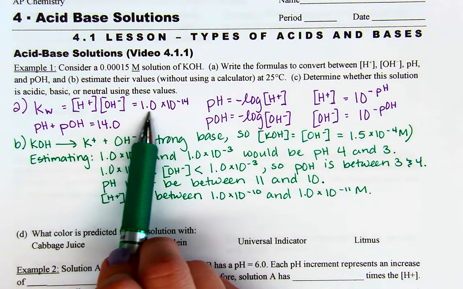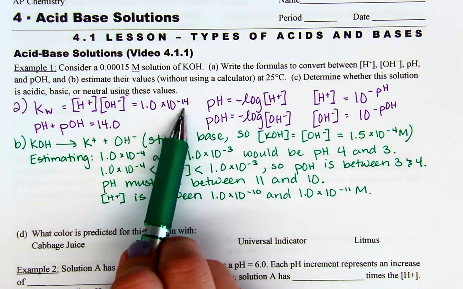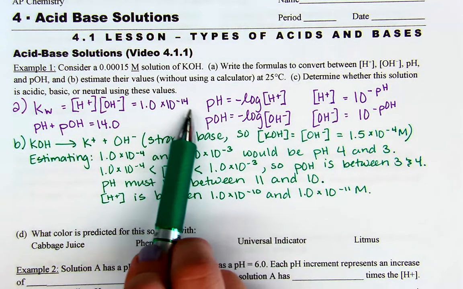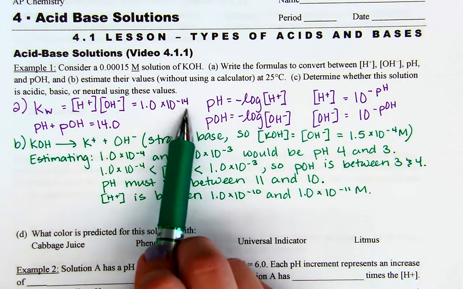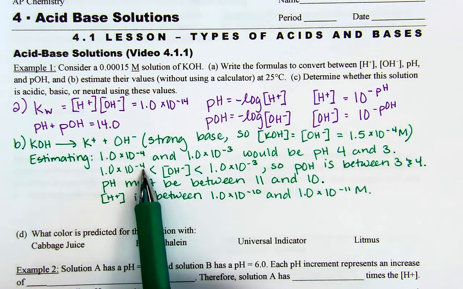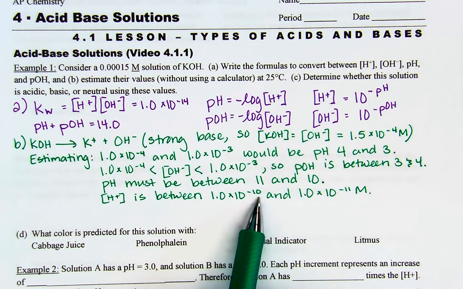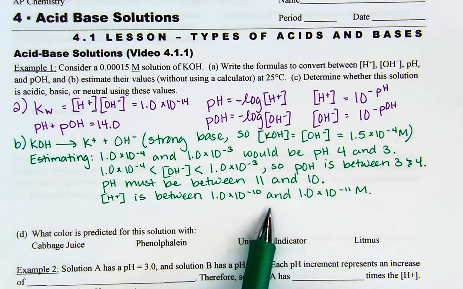We can only add up to 1.0 times 10 to the negative 14 total here. And so we know that 14 minus 3 would give us 11. And we know that 14 minus 4 would give us 10. And so that's how we're getting our numbers here. So that's just a quick way to go ahead and estimate when you're on the AP test and you can't plug these numbers into your calculator.